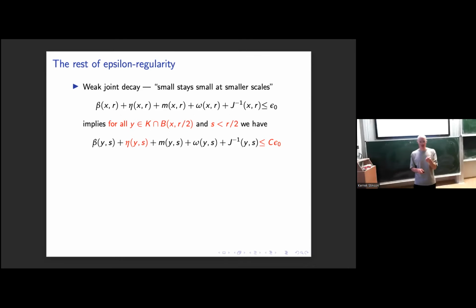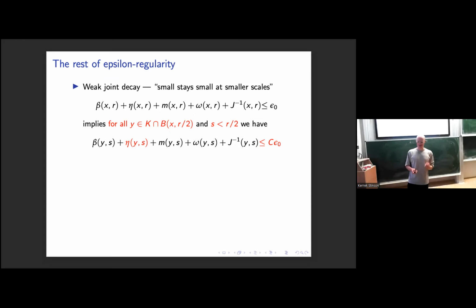So now the length of holes is controlled by a small constant. And here you can just choose this epsilon 0 so that C times epsilon 0 is less than 1 over 32. 1 over 32 was just a random choice, but that's fine.